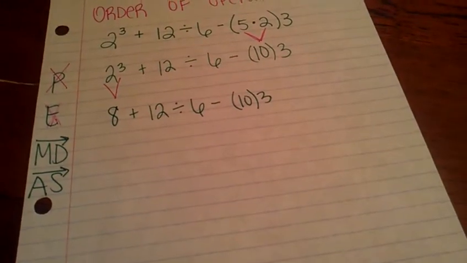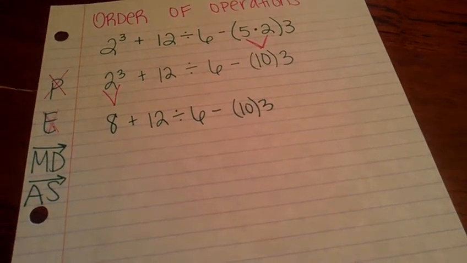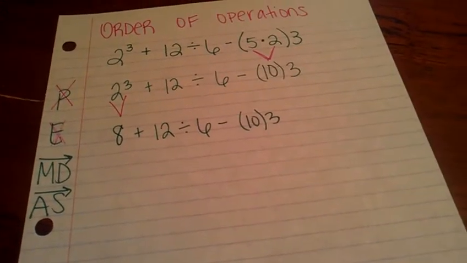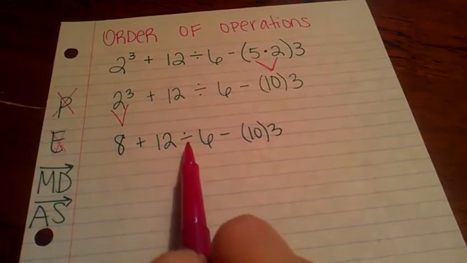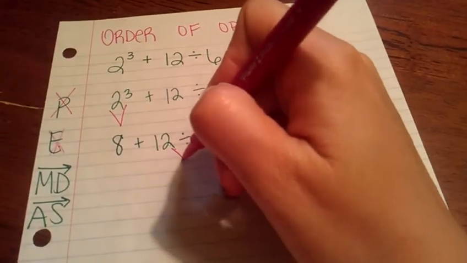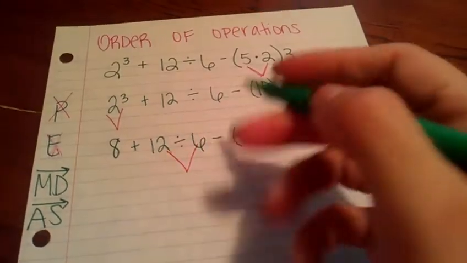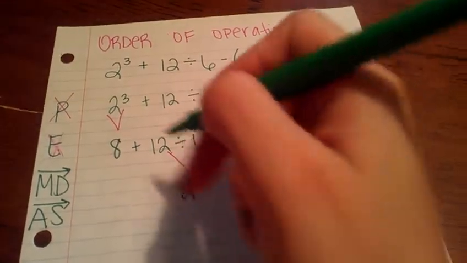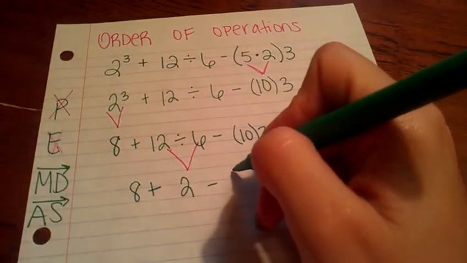Next operation is MD, multiply and divide. We do multiplication and division at the same time, so I go from left to right. Multiplication or division? No. Multiplication or division? Yes, it is division. So I draw my arrow. 12 divided by 6 is 2. And I'm going to rewrite everything.